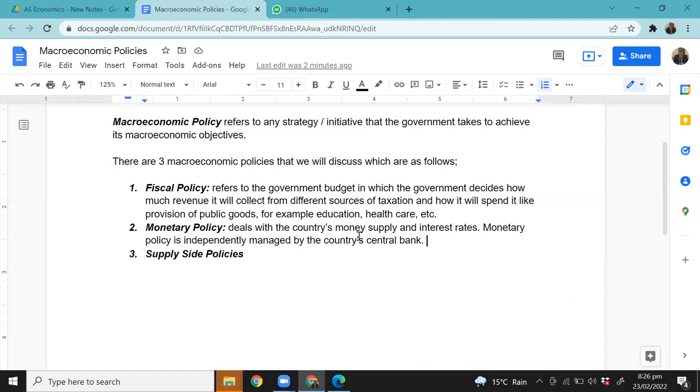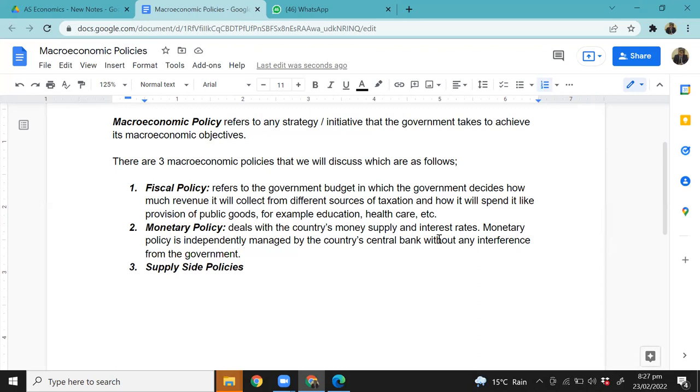But for now, what you need to know is that monetary policy, first thing, is independently managed by the country's central bank. To be more precise, without any interference from the government. I mean, to tell you this, even the prime minister of Pakistan cannot dictate the country's central bank what kind of monetary policy to have.